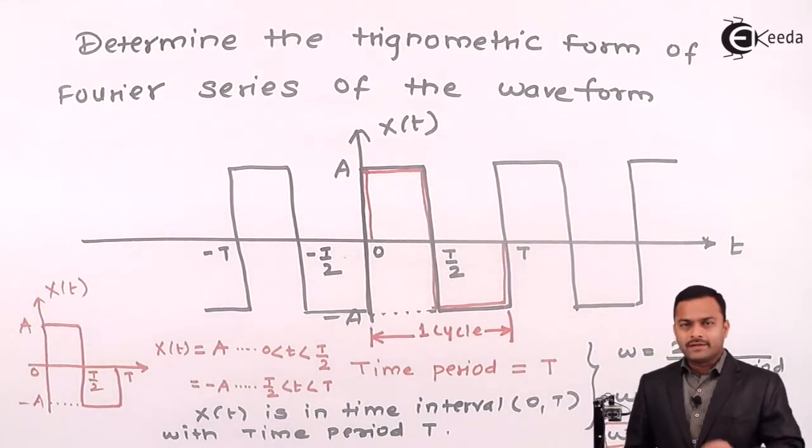Now all the background work is ready. Let's proceed further to writing a Fourier series representation of x of t.